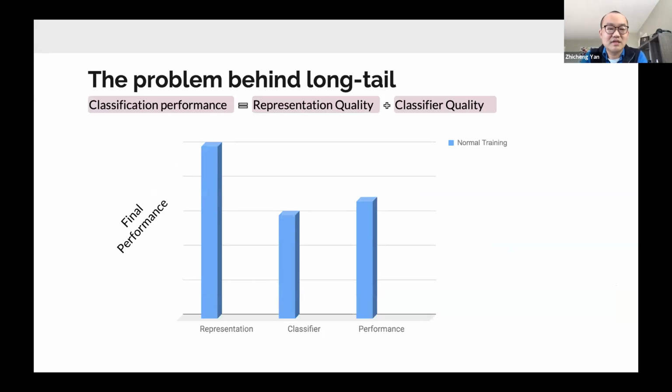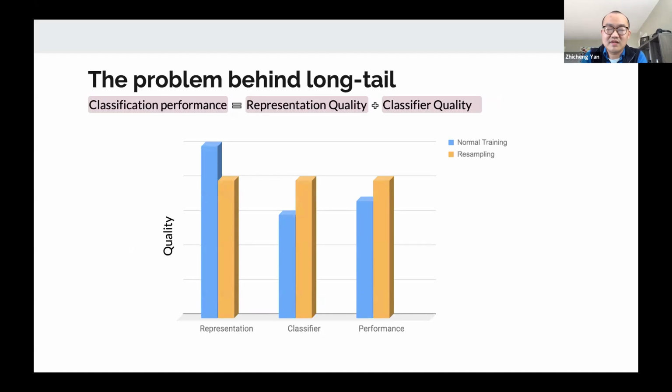Our hypothesis is that the final classification performance depends on both the quality of the representation and the classifier. In the baseline training, where you don't rebalance the set or the loss, you actually get a good representation learned from the data. However, since the data set is long-tailed, the classifier quality is suboptimal, so the overall performance is mediocre.